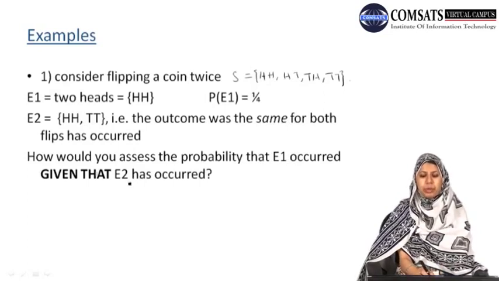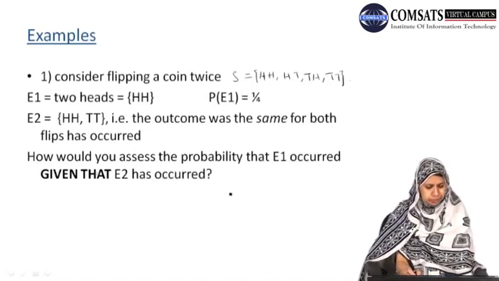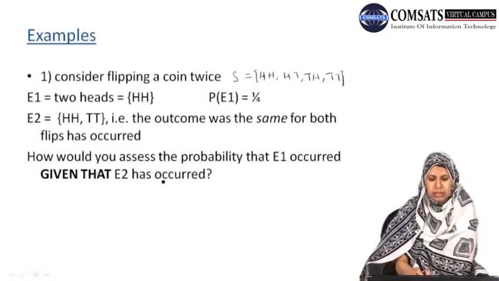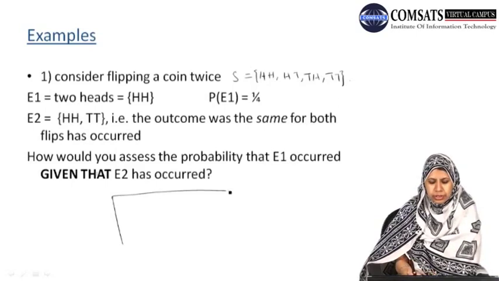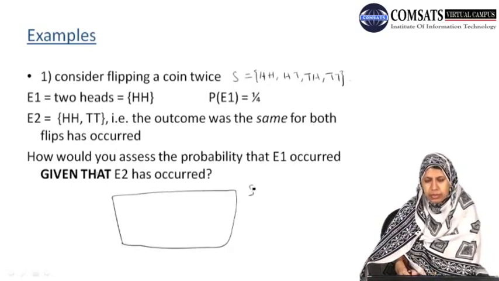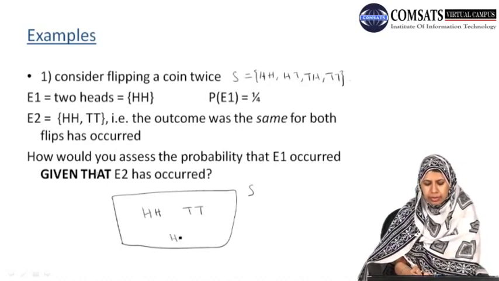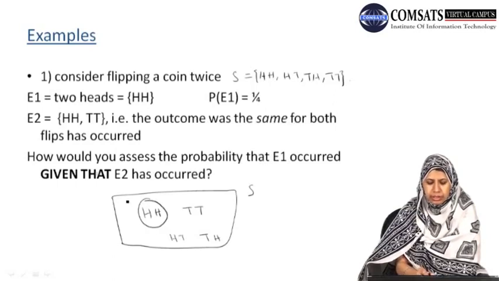Then how would you assess the probability that event E1 occurred given that E2 has already occurred? In this case, we have our original sample space S with the outcomes head-head, tail-tail, head-tail, and tail-head.